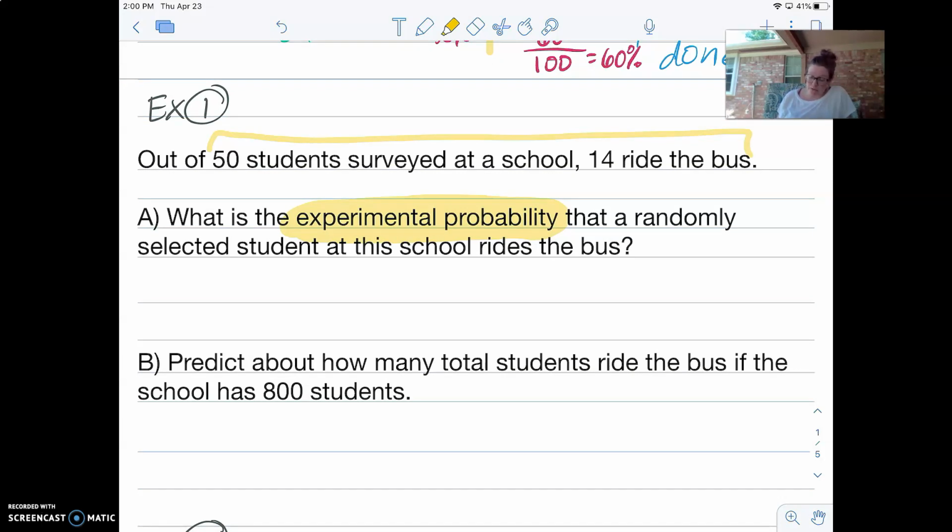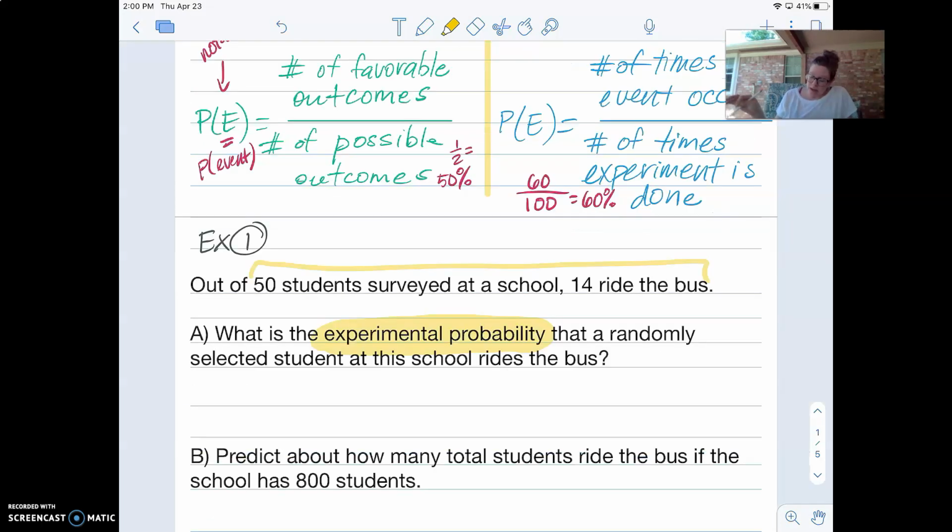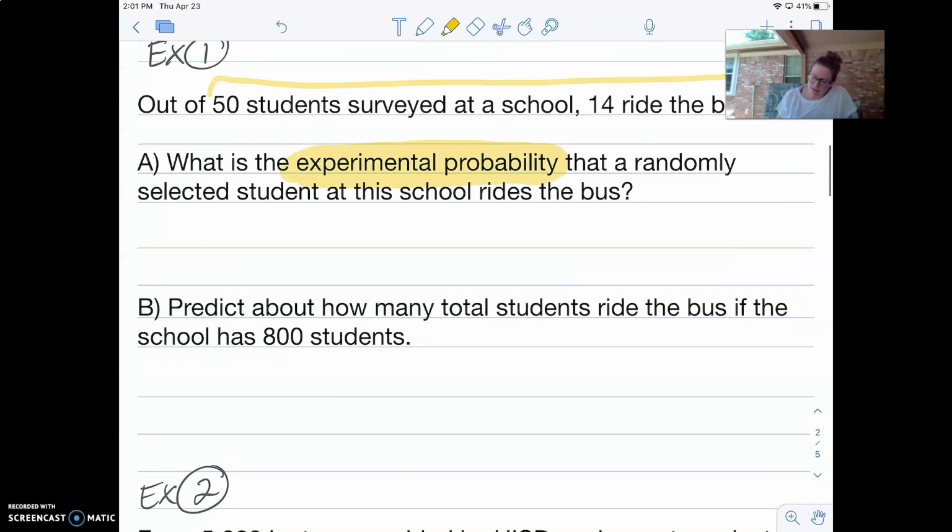So the formula for experimental probability is how many times an event occurs divided by the number of times the experiment is done. It's a little different in a survey. That's going to be this 14 number divided by the number of students that you surveyed.